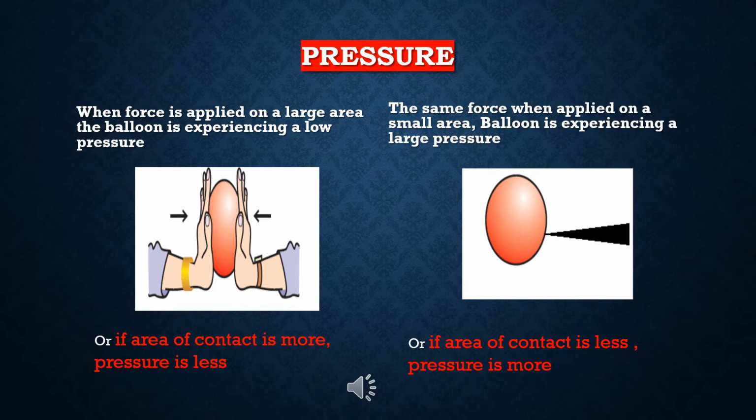If the area of contact is more, the pressure experienced by the balloon will be less. Same way, in the second case, we apply the same force on a small area and the balloon is experiencing a large pressure. Or if the area of contact is less, the pressure experienced by the object will be more.